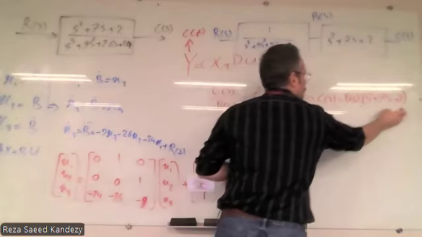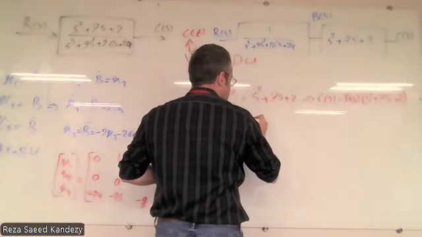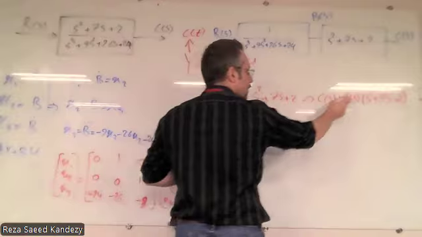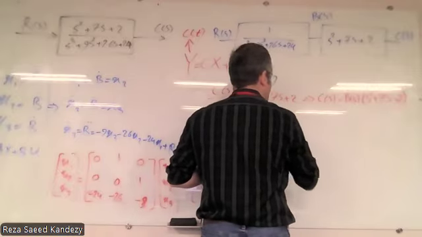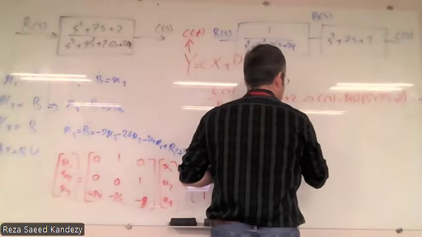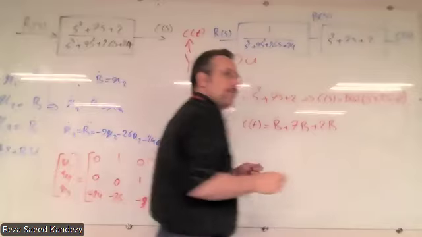Okay, so if we run a Laplace inverse on this, then we know that c(t) is going to be equal to B double dot plus 7B dot plus 2B.